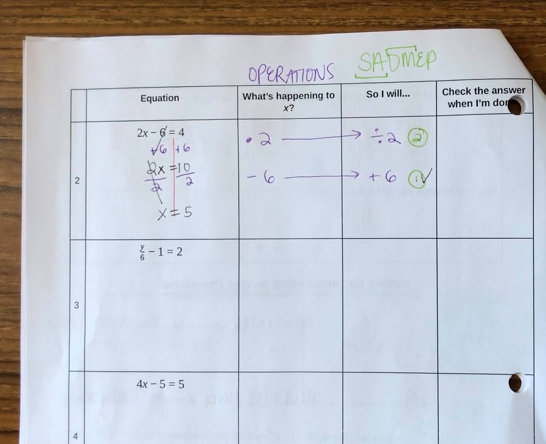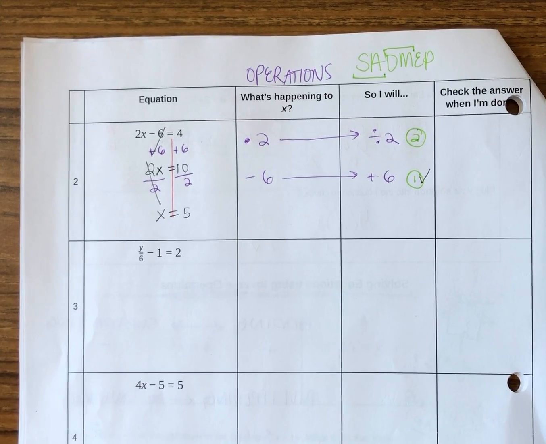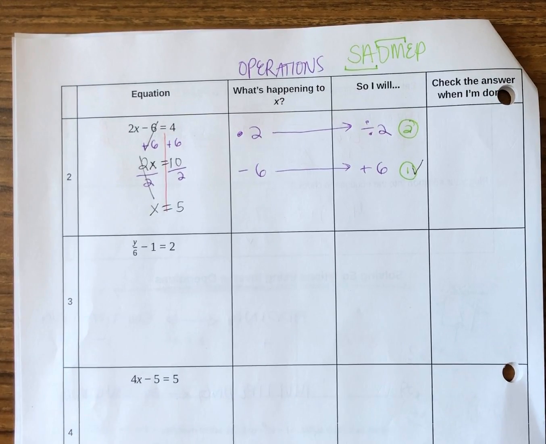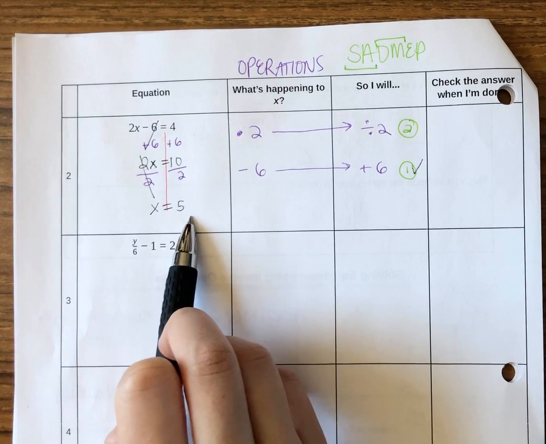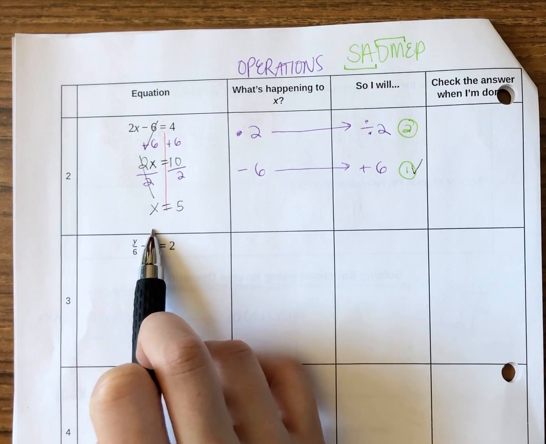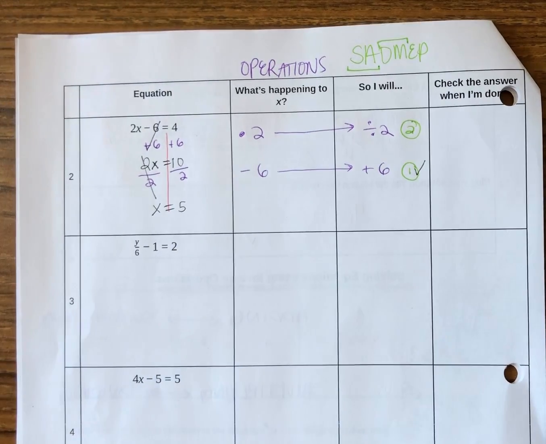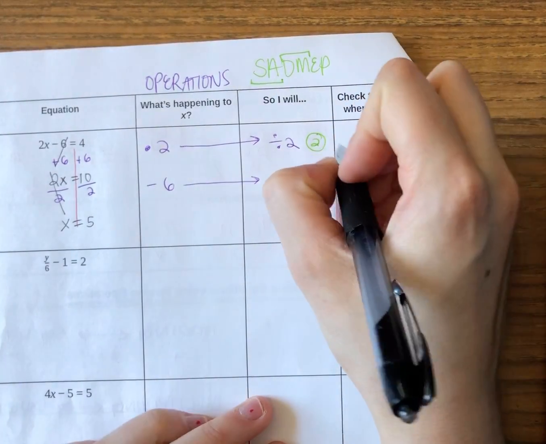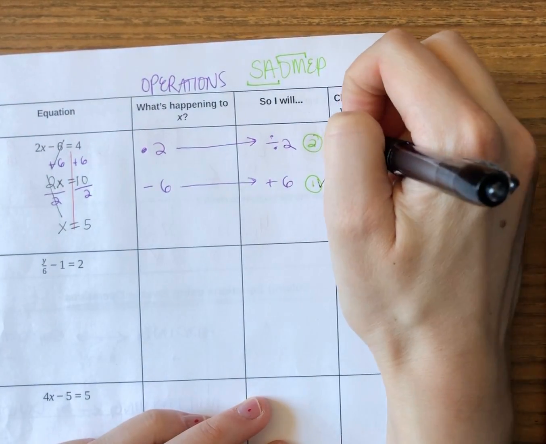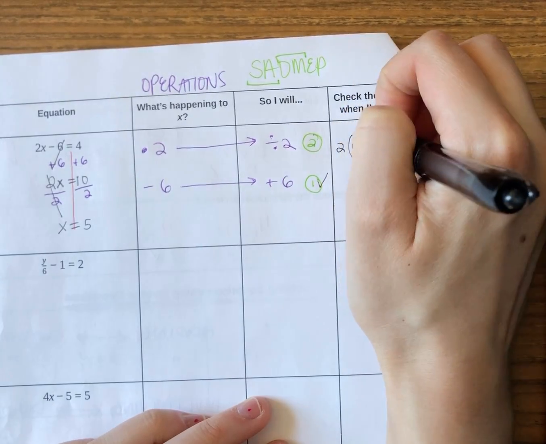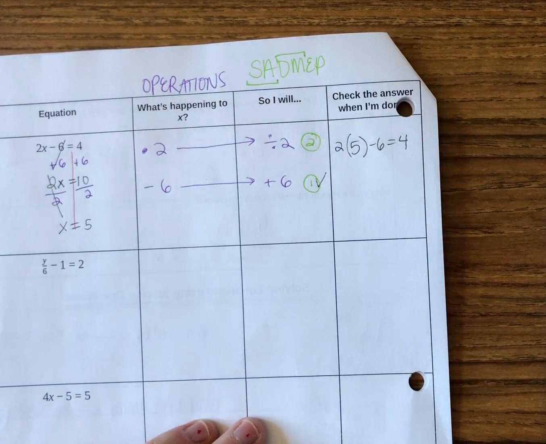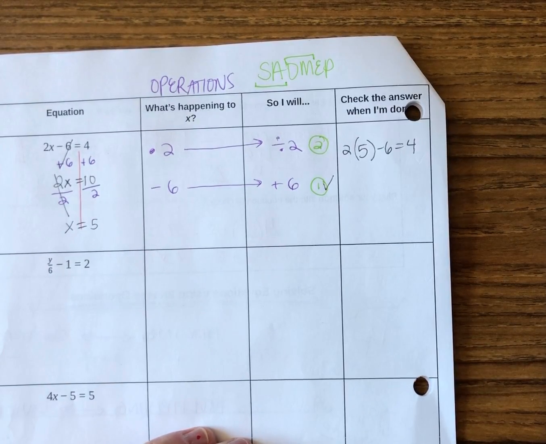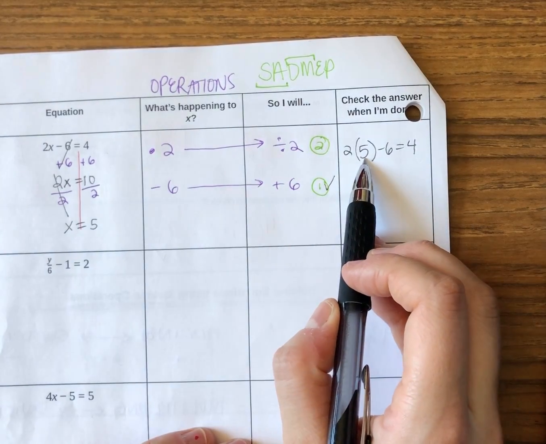So using my solving technique, using my inverse operations, I got that 5 should be the value of x that balances my equation. I'm always going to check that because I can make mistakes and I want to make sure I'm getting it right. So I take my equation, but I substitute 5 in for x.